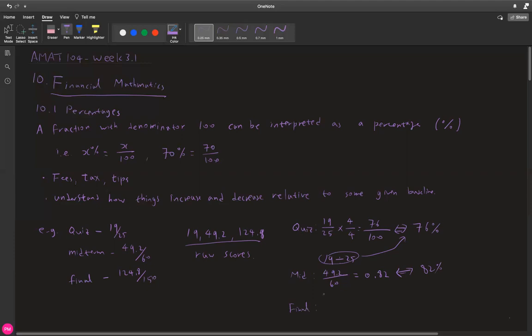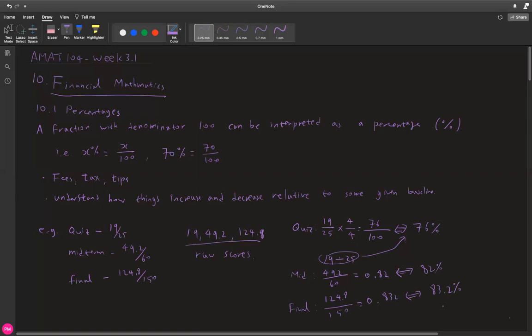In the final, it says that you receive 124.8 over 150. And by plugging in the calculator, you should be able to see that this is actually 0.832. So that is the same as saying 83.2%.